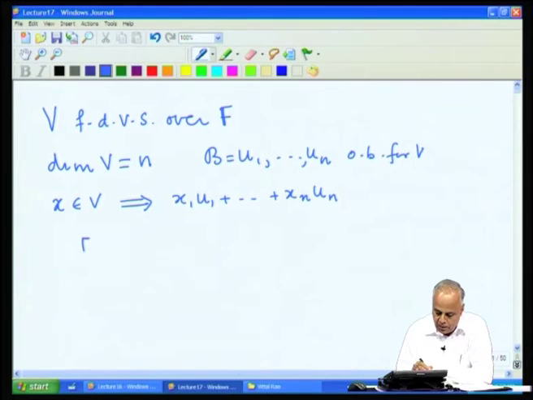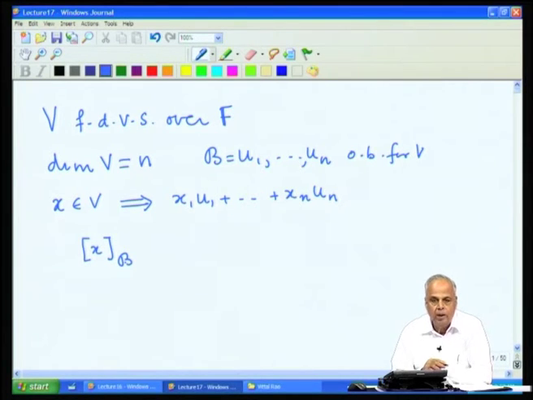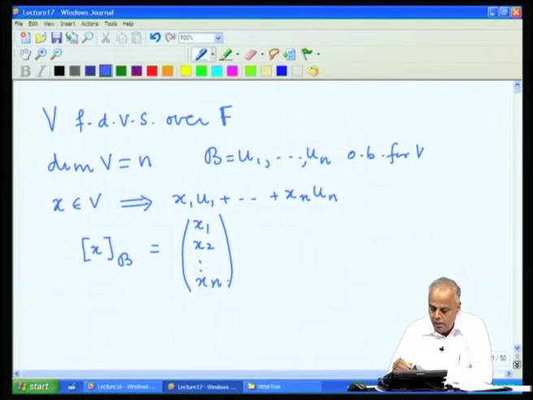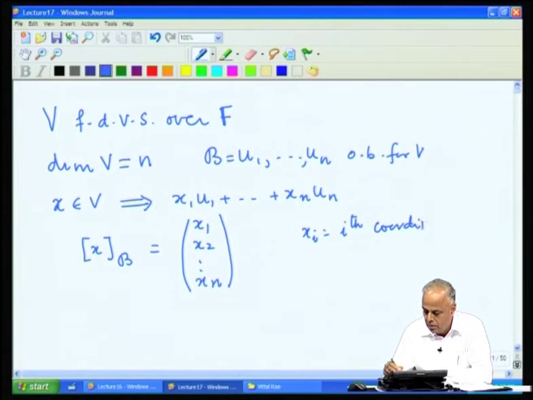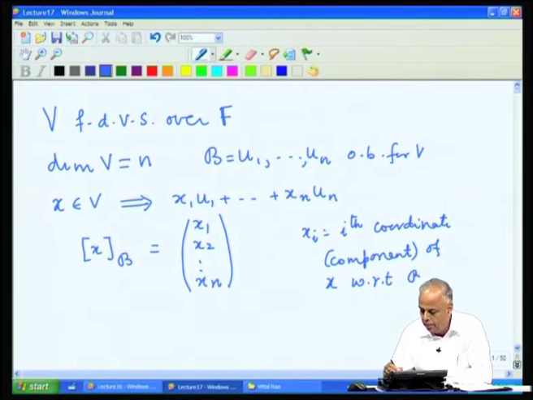Then we construct the vector in Fn and call it xb, and that is this vector x1, x2, xn, and xi is called the ith coordinate or component of x with respect to the ordered basis B.